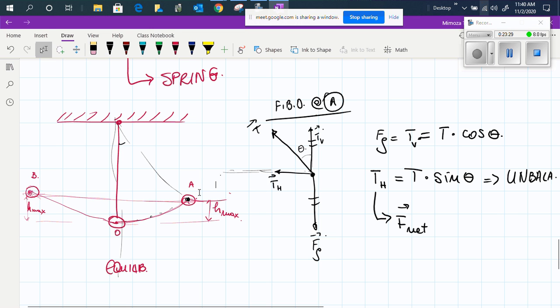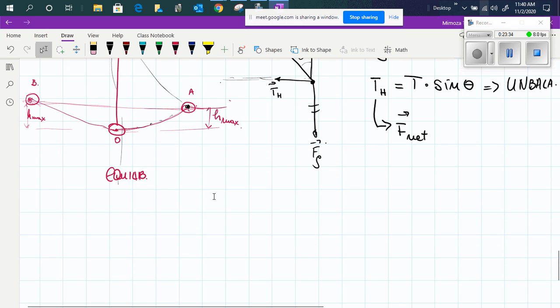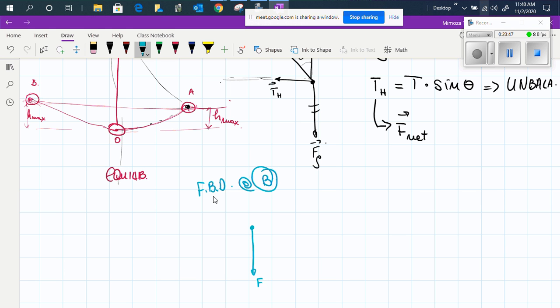And even if we do the same situation at point B, let's now draw the free body diagram at point B. What we will see is something like this. Force of gravity is going down. Tension is along the string. So it is creating an angle theta, which will break this tension down into a vertical component and a horizontal component.